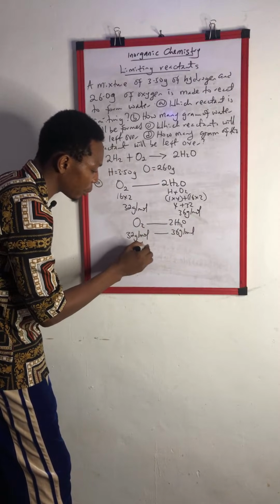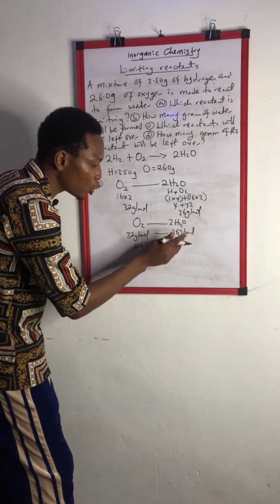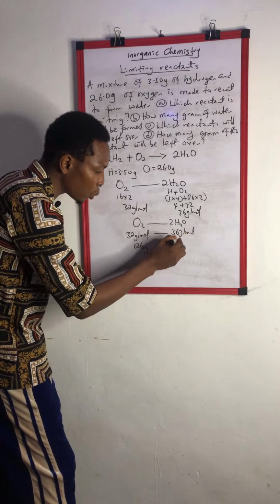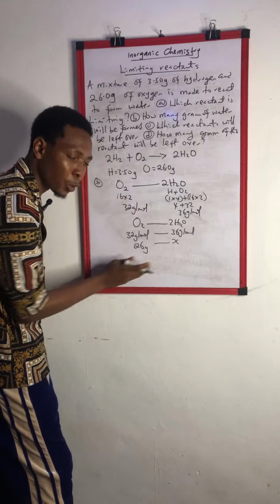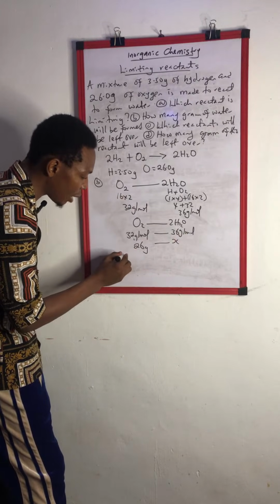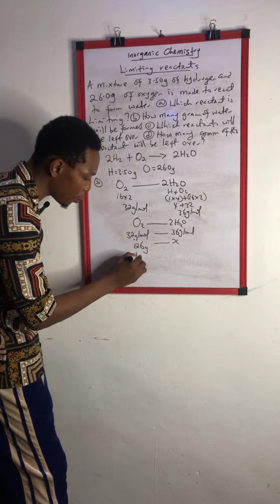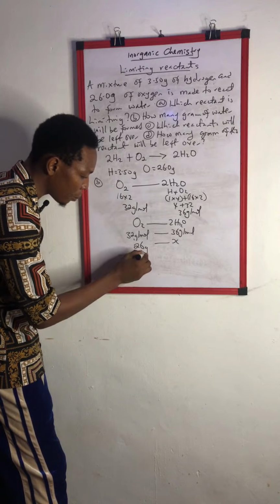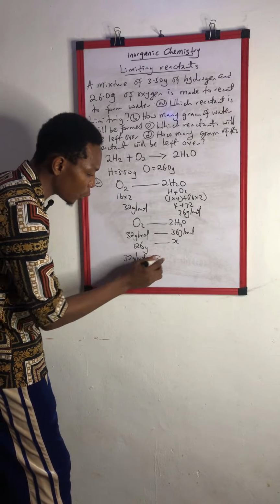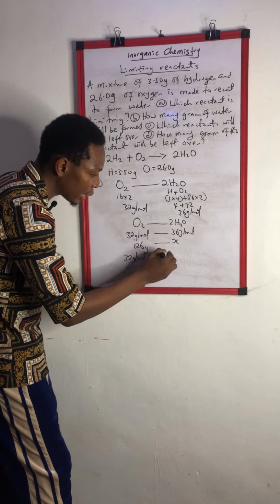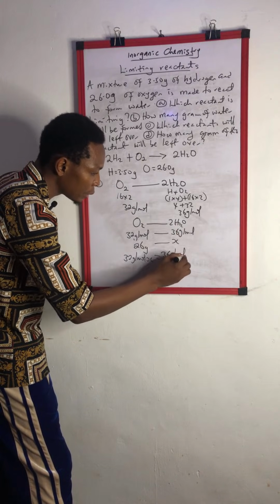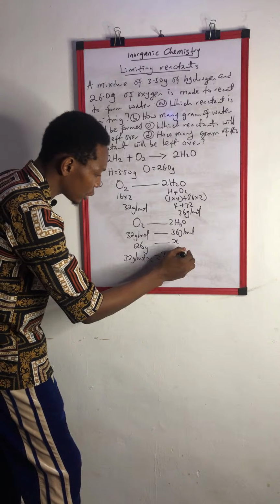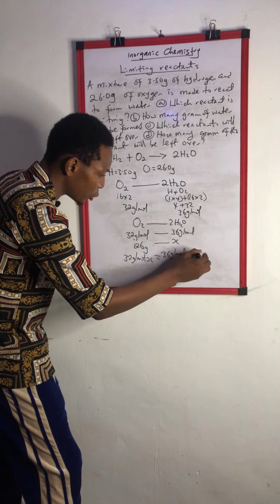Then what's the mass of oxygen? That's 26 grams. Then we don't know the mass for water, so we call it what? X. So what do we do? Cross multiply. This time we have 32 grams per mole times X equals 36 grams per mole times 26 grams.